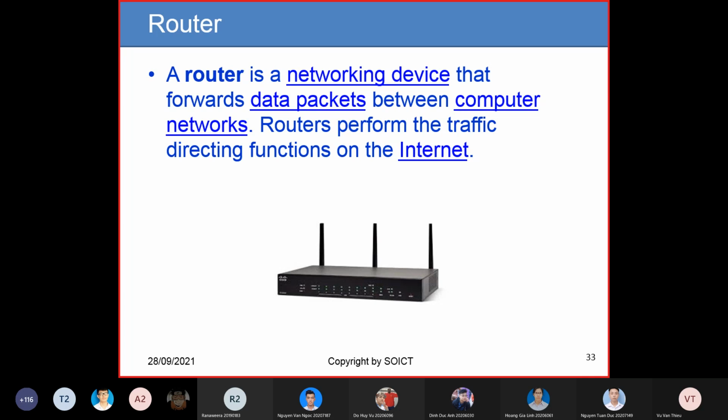Router. For example, I'm in Vietnam. I send an email or message to my friends in the USA. I can send a message, but how is the message sent to the correct address?